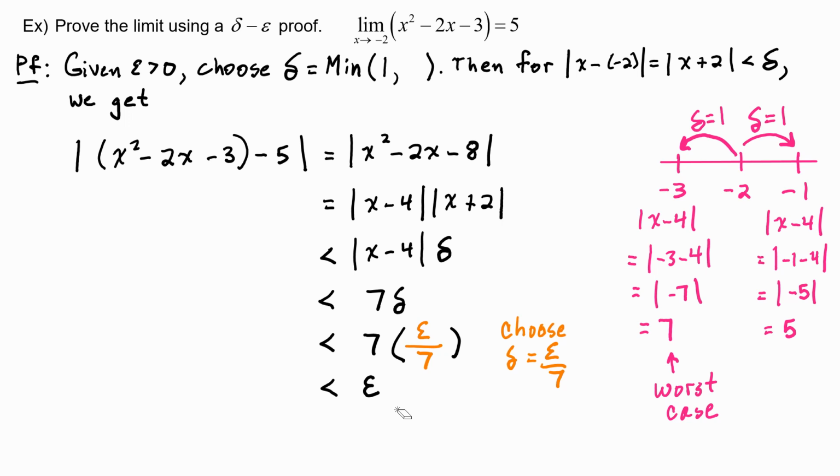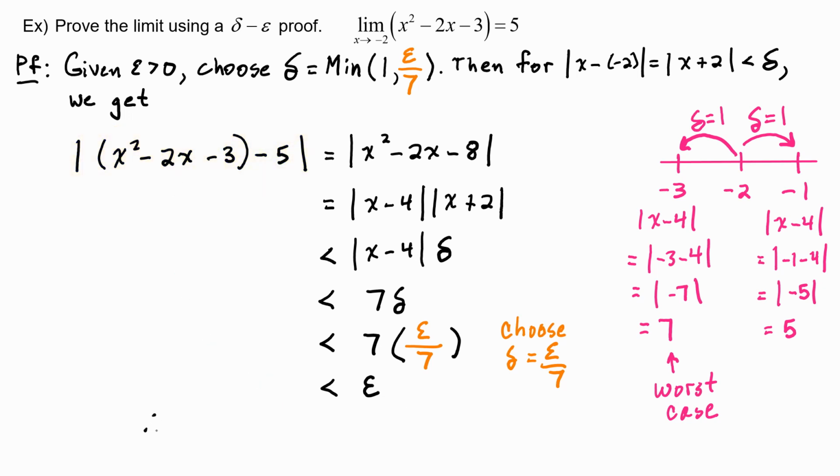So now we go back to our first statement. Given epsilon greater than 0, choose delta to be the minimum of 1 and epsilon over 7. And if we do that, then we know that our f of x minus L statement will end up being less than epsilon.